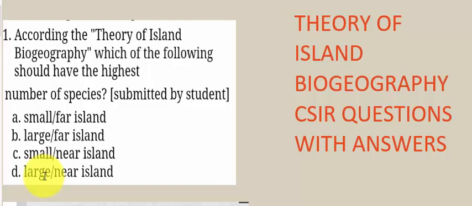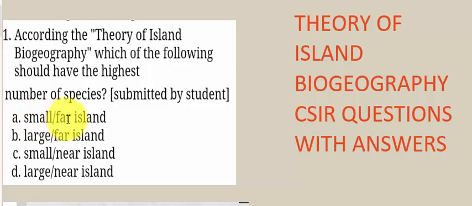We have already discussed that the species inhabiting a smaller island are more prone to extinction. Obviously, as the extinction process occurs, the number of species is less.